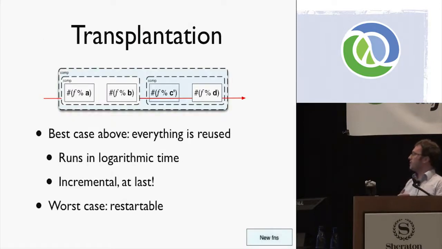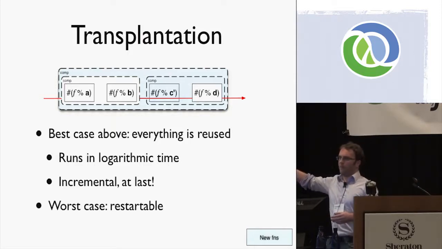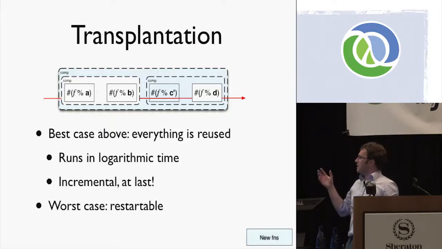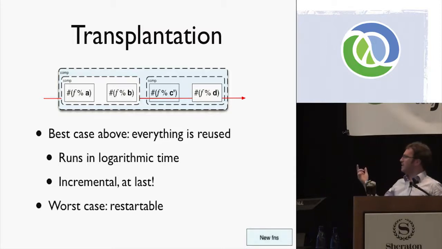So with transplantation, the execution looks like this. The first big white block is skipped like before because it's fully memoized. It's the same input, so we skip it. Then FC prime needs to be computed since it's new, but we are able to adapt the new output value of FC prime. And since we are able to adapt it, we can skip the actual computation of FD.